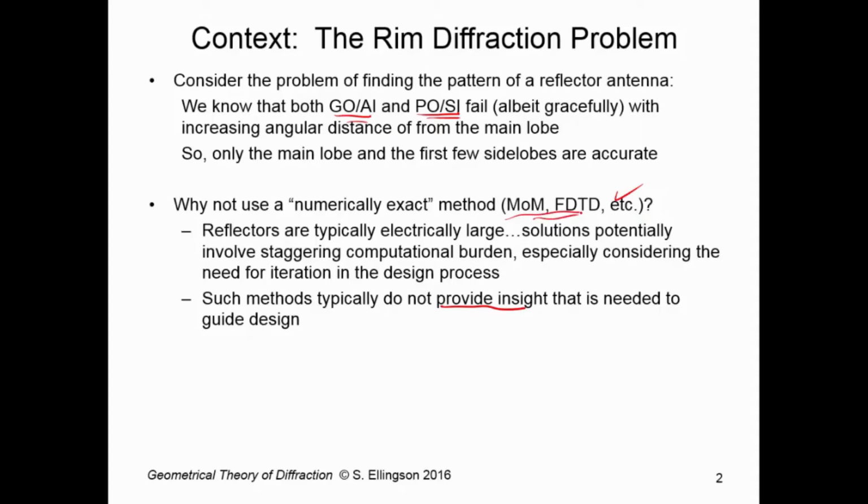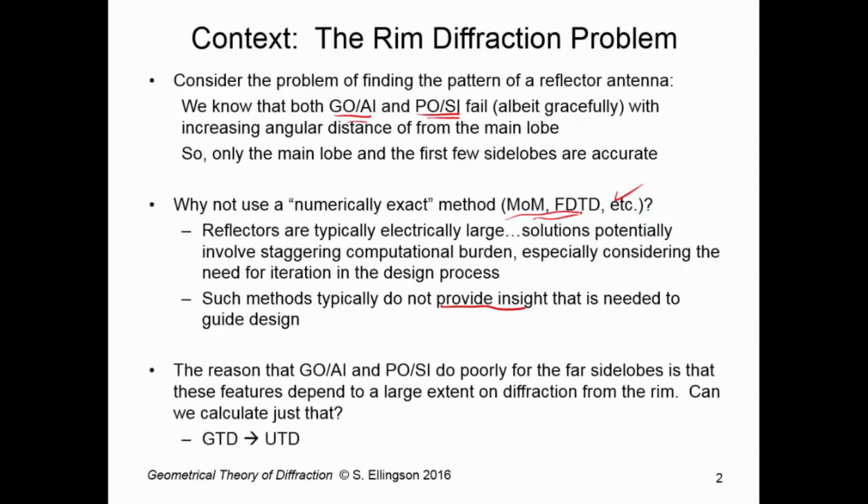What happens in full wave methods is you simply provide the design parameters and you get out an answer. What we'd really like are methods that tell us something about the individual effects of changing individual parameters without having to repeat the analysis every time. And that's what ray optical solutions do for us. And in particular, that's what GTD, the geometrical theory of diffraction, gives us.